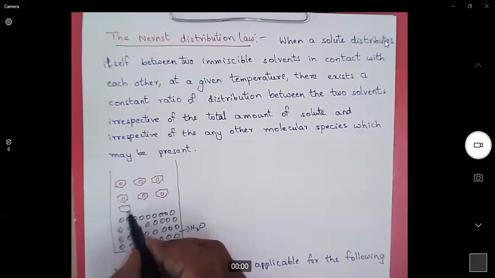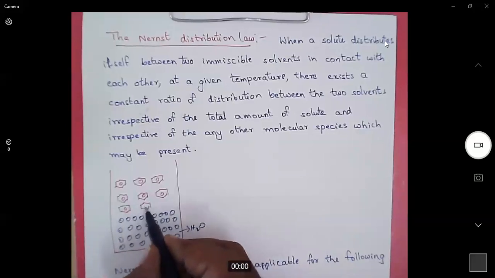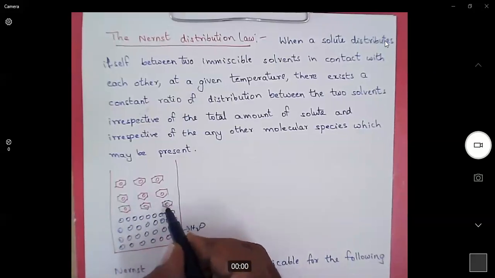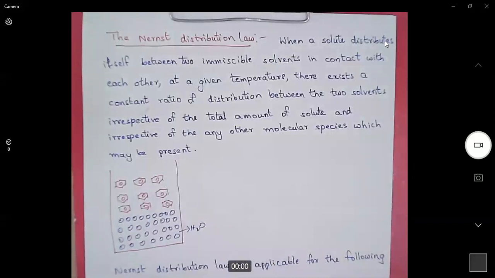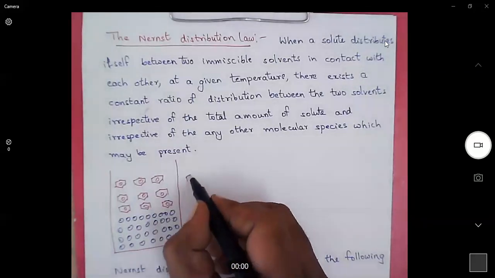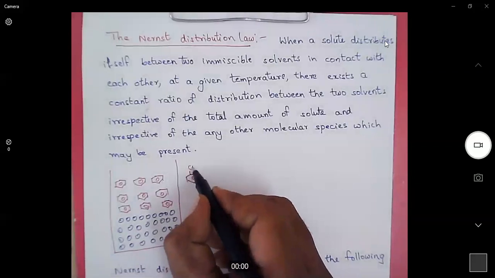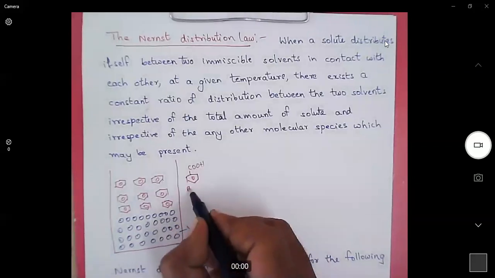Then, when we add a small amount of benzoic acid, what are we adding? We are adding a small amount of benzoic acid. This is benzoic acid.